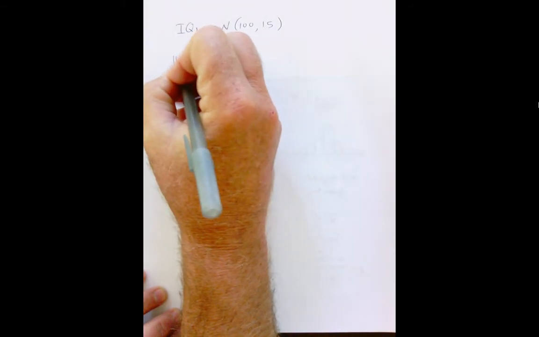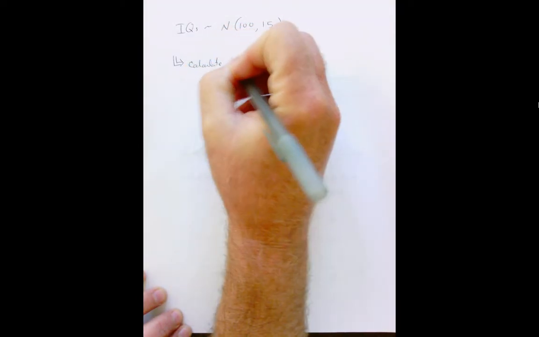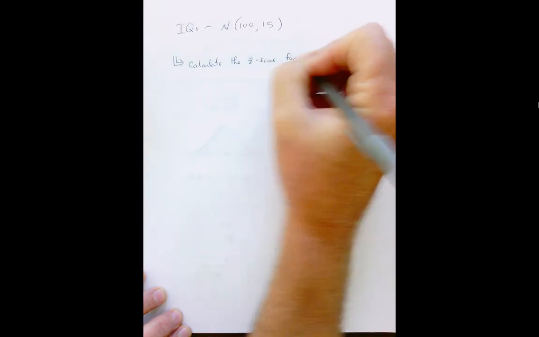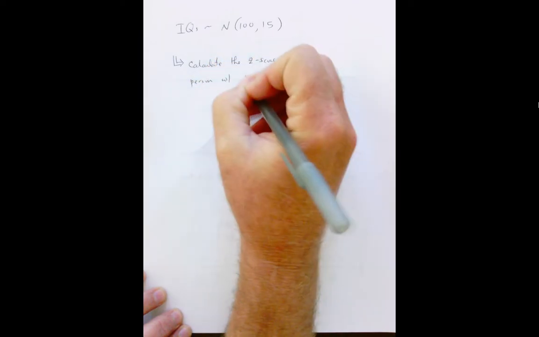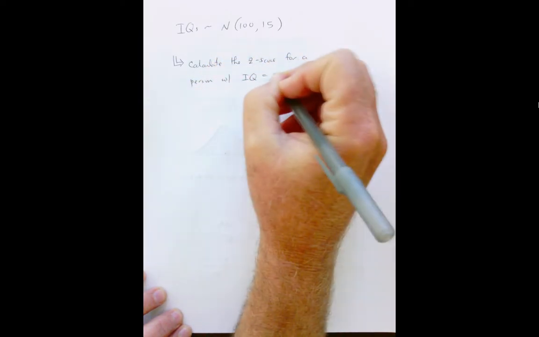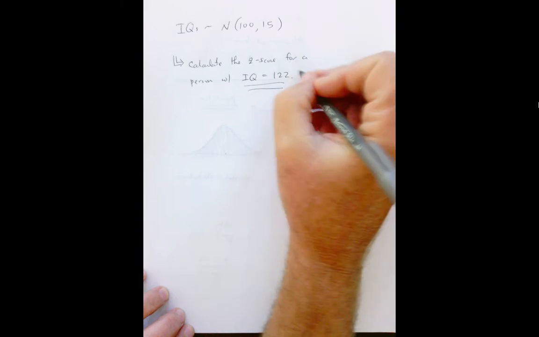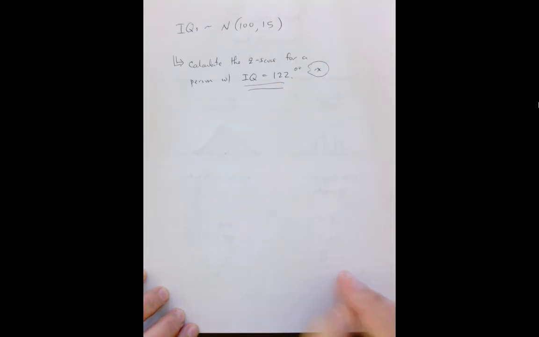So the first problem I'd like to look at is calculate the z-score for a person with IQ equal to 122. Well, we can think of this IQ equal 122, using the notation from the previous page, as our x.